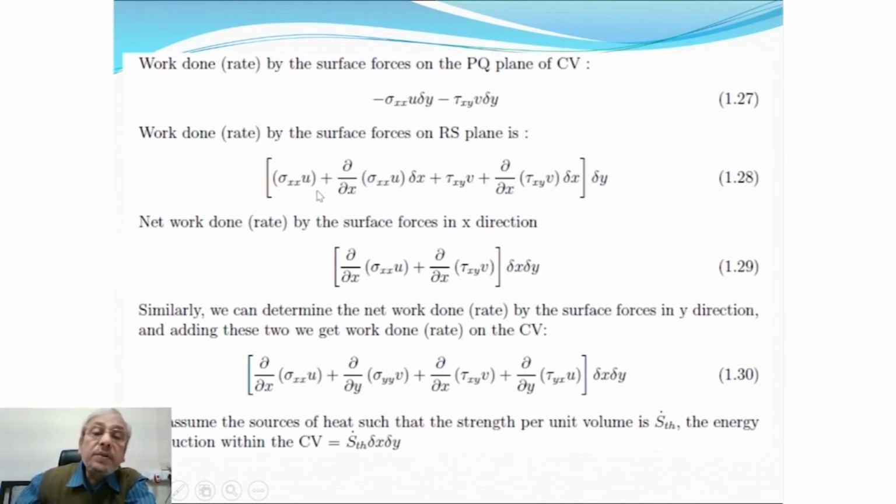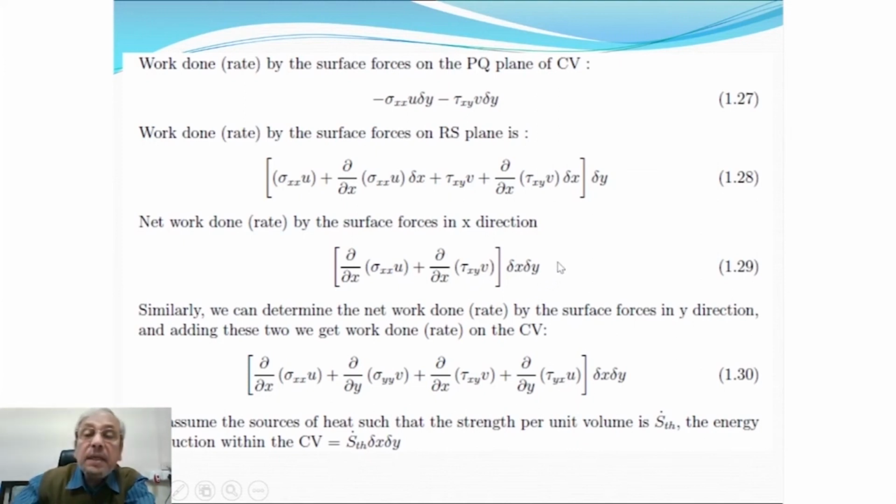So sigma xx into u plus del x of sigma xx u into delta x, plus tau xy into v plus del x of tau xy into v into delta x, entire quantity into delta y. So net work done will be the algebraic sum of these two, and then we will get del x of sigma xx into u plus del x of tau xy into v into delta x delta y.